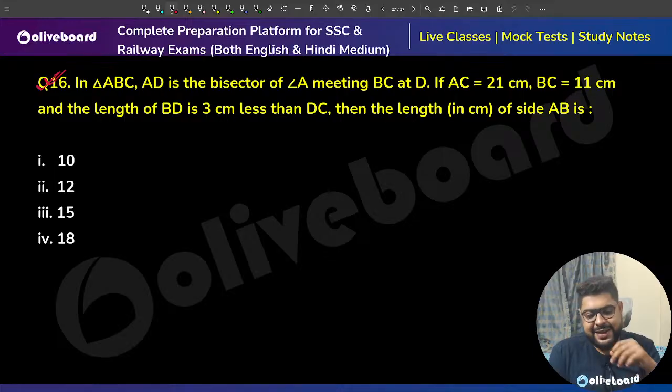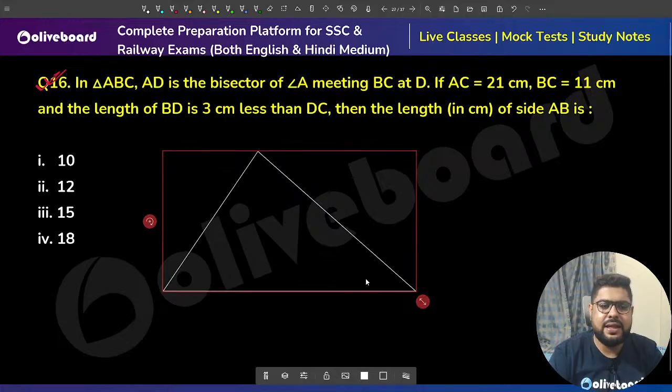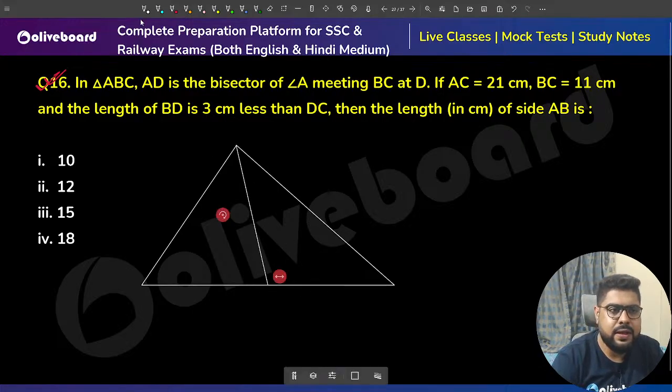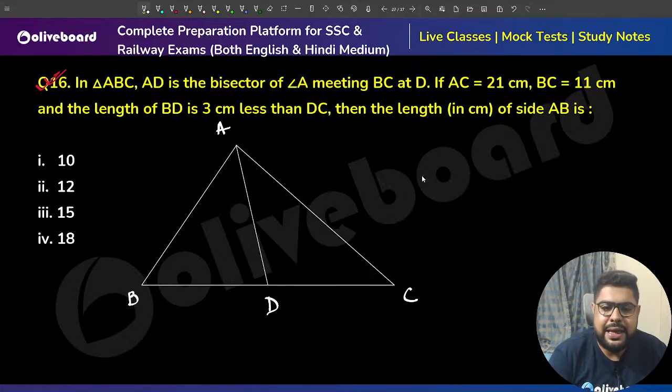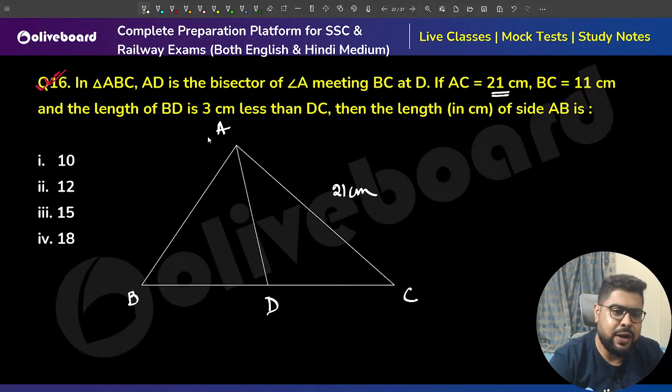Reena is saying 12. Let's see. Again, this is a triangle ABC, and D is on the bisector of angle A. AC is 21 centimeters.